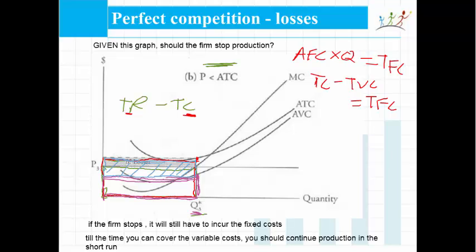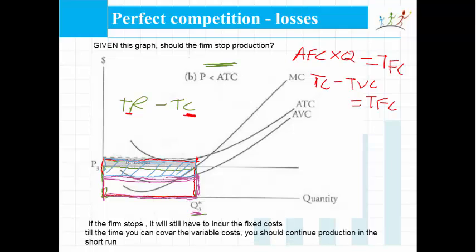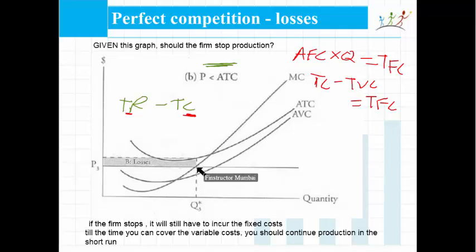Because otherwise the loss will be higher. So if you see here, the price is enough to cover the variable costs at least. The price is higher than the variable costs. So the firm should continue production.